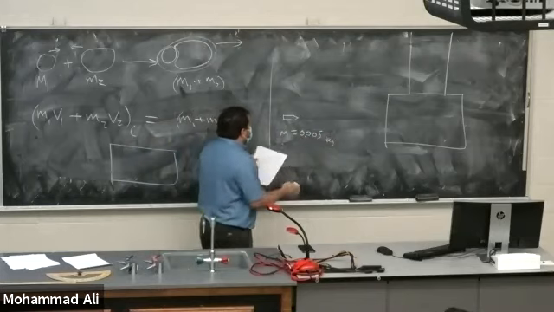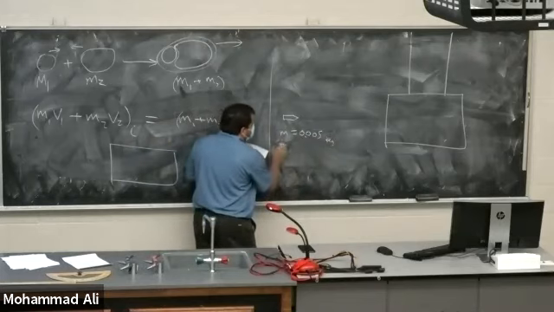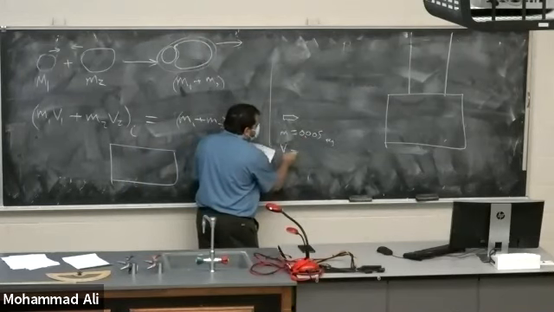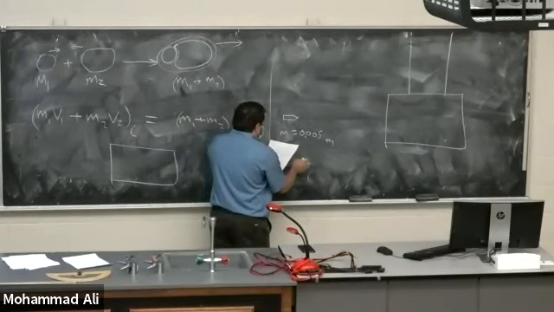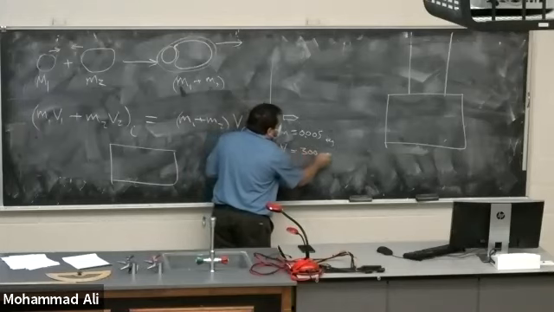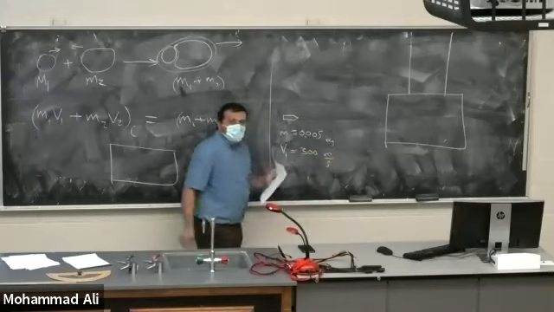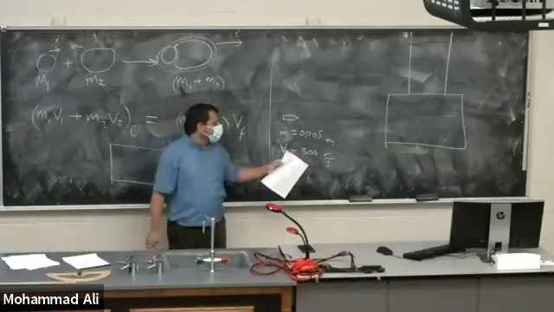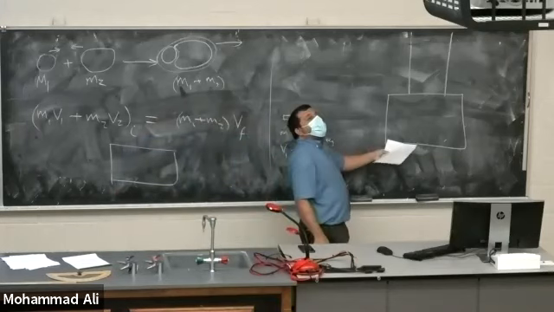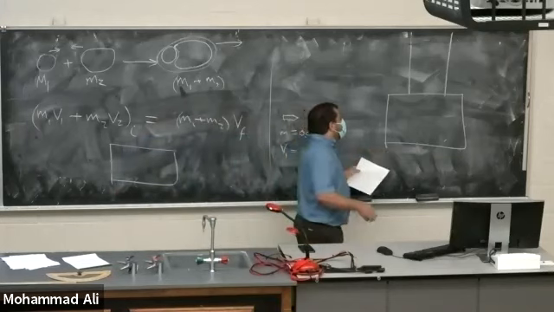Its velocity V1 initially is equal to 300 meters per second. They know now the initial velocity. We have a box, and this box is stationary.